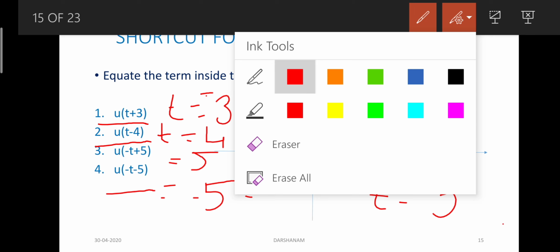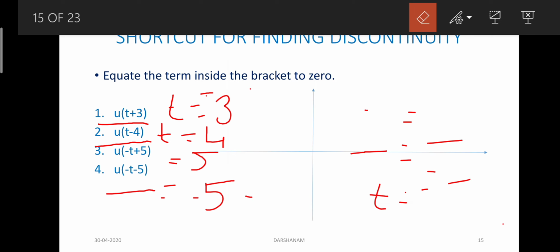So while we are drawing all of these on the same graph, we can see that for u of t plus 3, the discontinuity will be at minus 3. We are not checking whether it is an upper moving step or lower moving step.